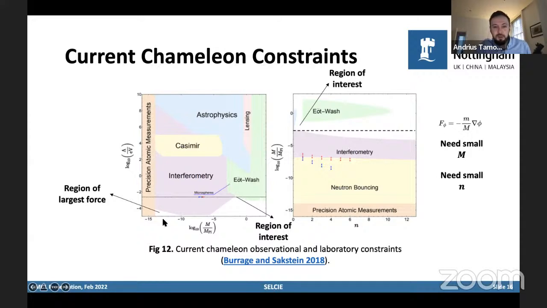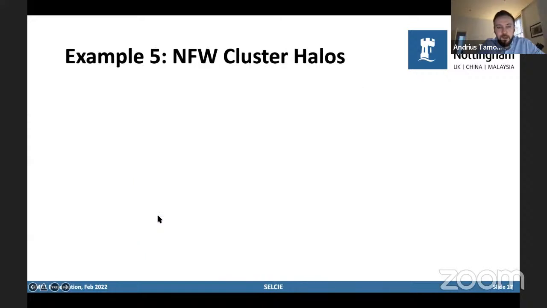And we want n to be also close to 1. n, once again, is just one of the parameters in the chameleon model. So these are the regions that we focused on. And then we've done a more general analysis.